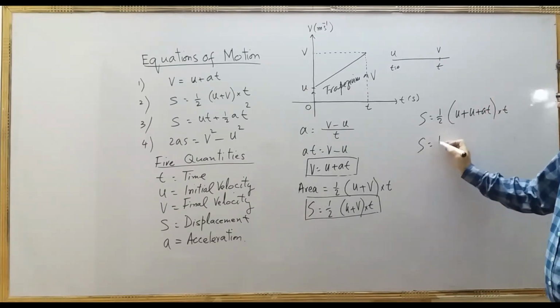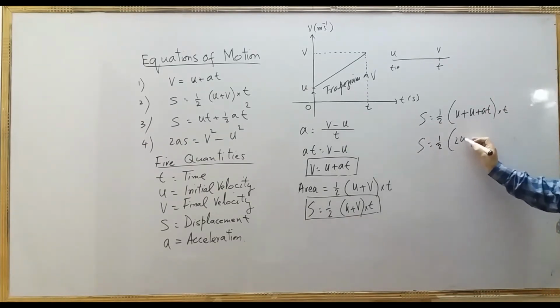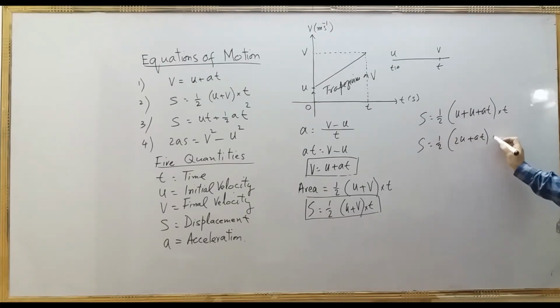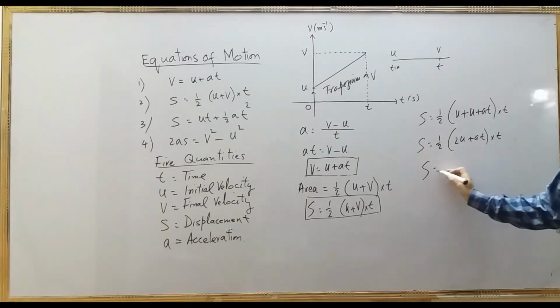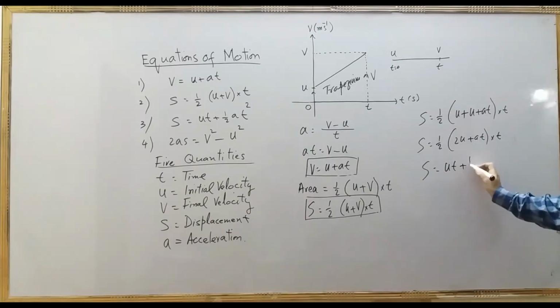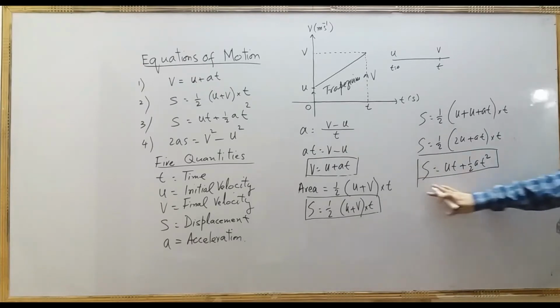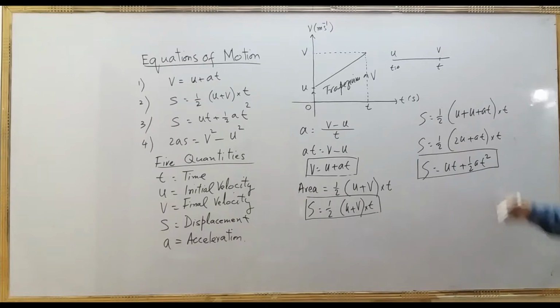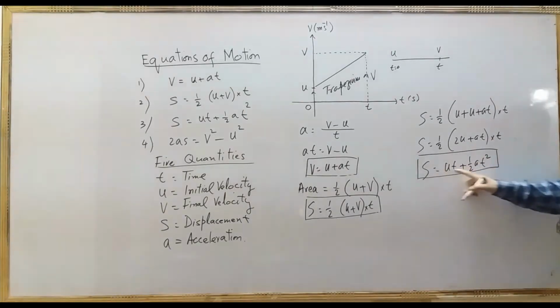On simplifying this, you will get 2u plus at into t, and this becomes ut plus half a t square. This is the third equation of motion. See that here v is not involved. It will be used when you are dealing with these 4 quantities except v.